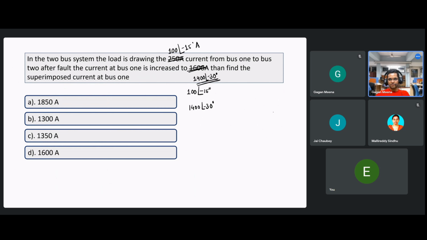So we have a relay here, and this is the fault current. This is 100 angle minus 15, and this is the current we are measuring here. This is 1400 angle minus 30. We have a fault. Now we have to check whether the fault is here or here.